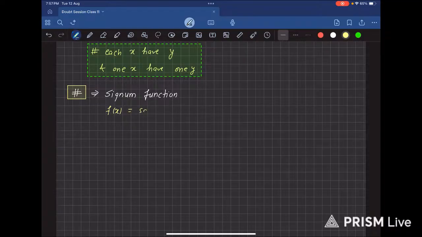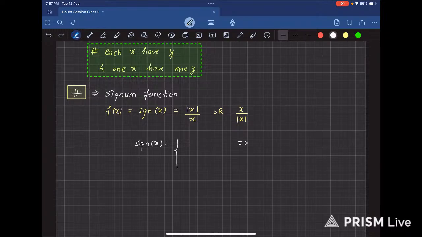Signum function is basically denoted by SGN of x. It is also equal to mod x upon x, or x upon mod x. Both are the same, but signum function is defined like this.